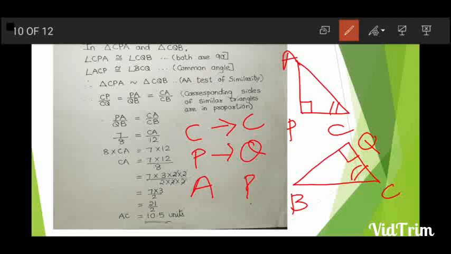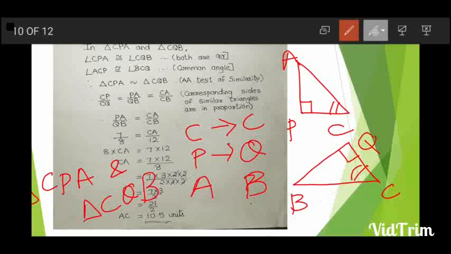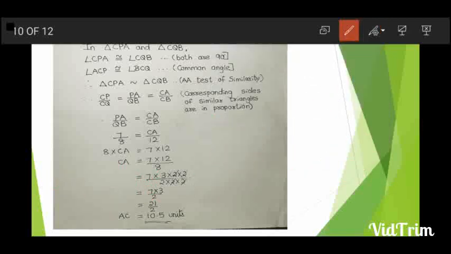B is left. So I'll write B. That means the name of the triangles will be triangle CPA and triangle CQB. This order shouldn't change. I told you already. So I told you both are 90 degree and there was a common angle C. So both the triangles are similar by the AA test of similarity.